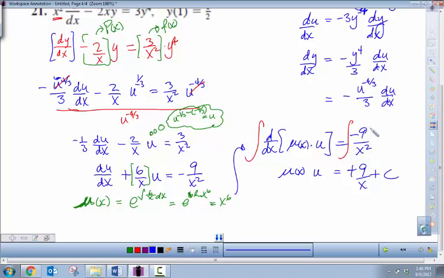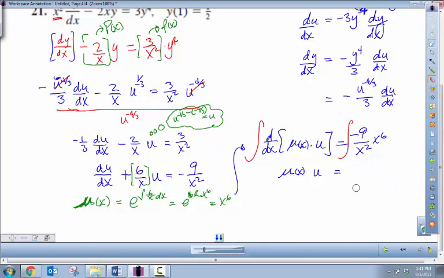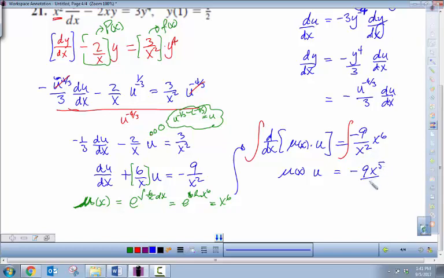Oh, you got to multiply this by x to the 6th also. Yeah, I was jumping ahead. Thank you, so let's fix that. Negative 9x to the 4th, right? So negative 9x to the 5th over 5.